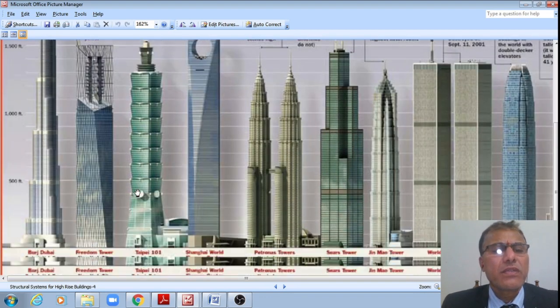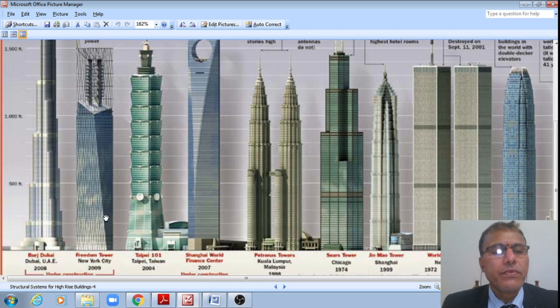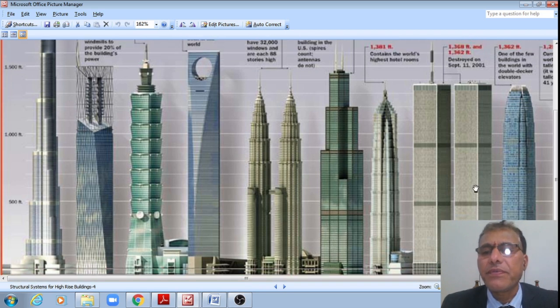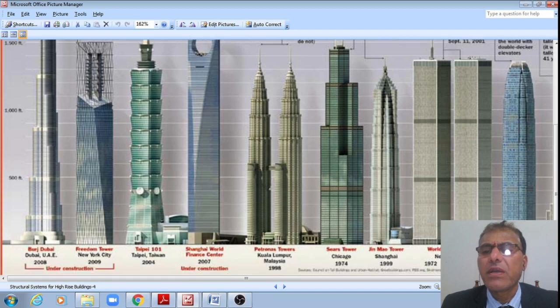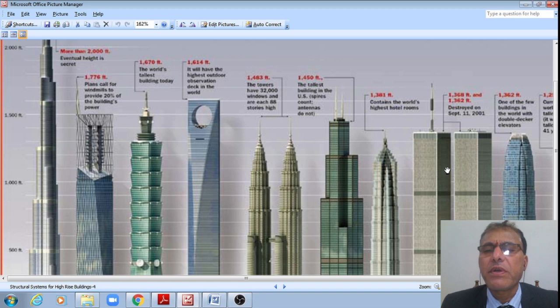And the next one is the Freedom Tower in New York City, which was constructed in 2009 in the place of the World Trade Center twin towers, each of height 1368 feet and 1362 feet, which were destroyed by the terrorist attacks on September 11, 2001.